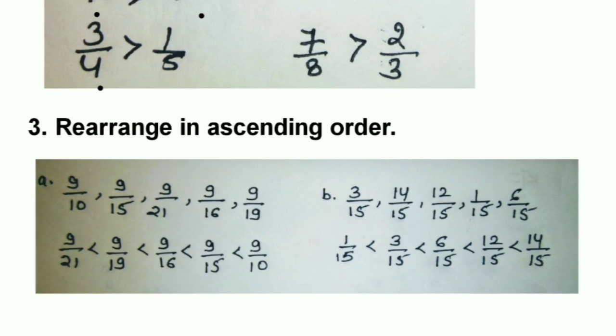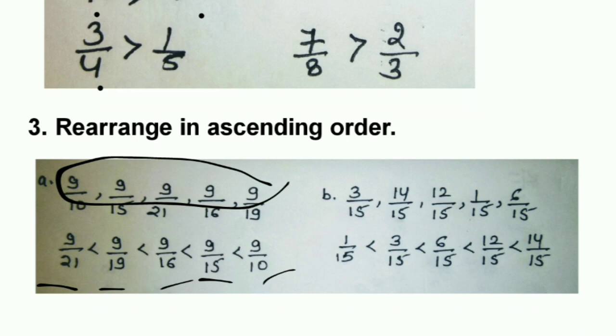Increasing order means when the numerator is the same, the greatest denominator will be the smaller fraction. After that we will arrange as the numbers come. When numerators are the same, the smaller denominator is the biggest number.